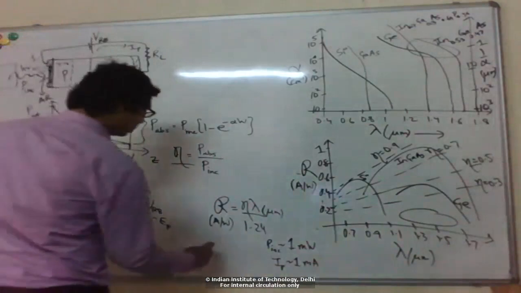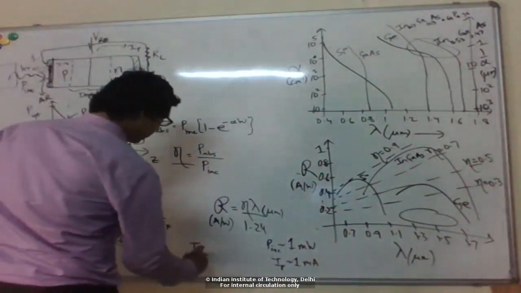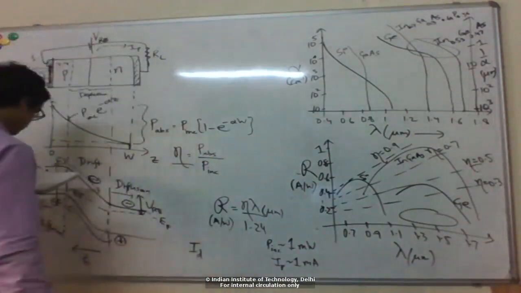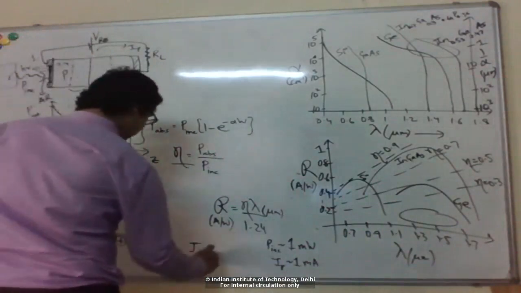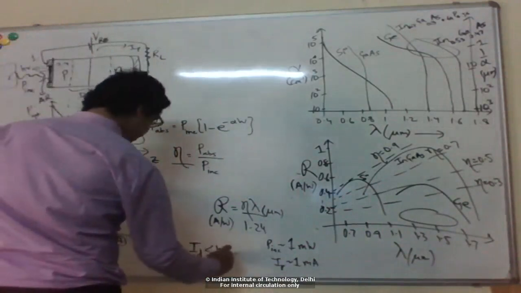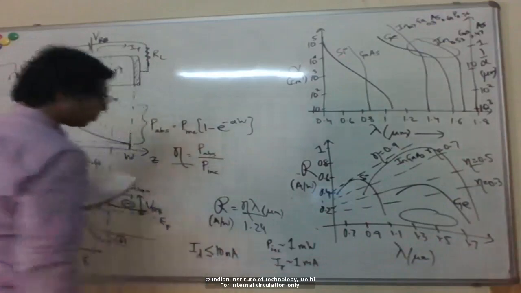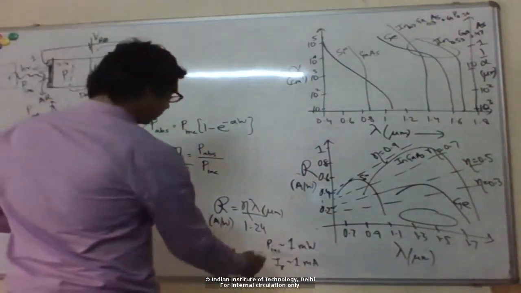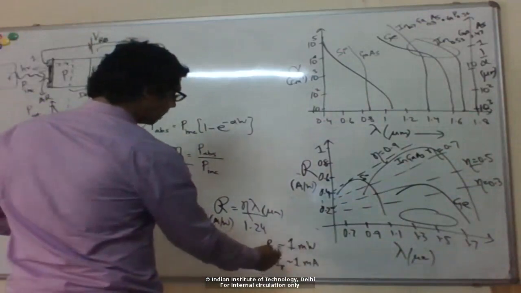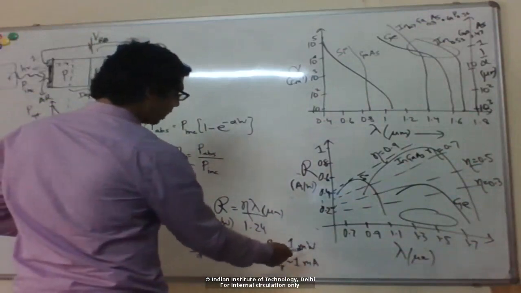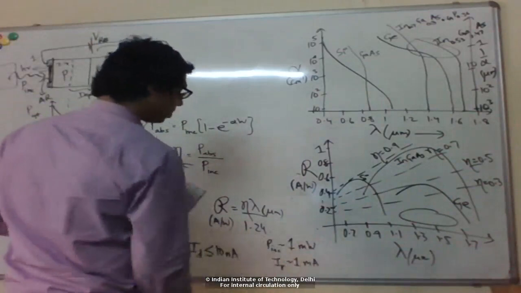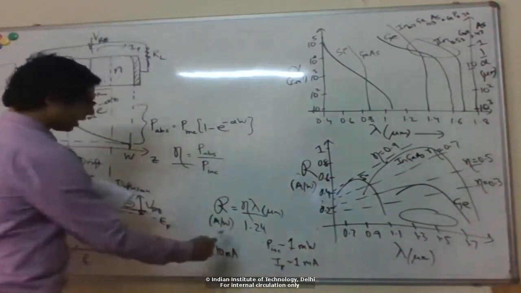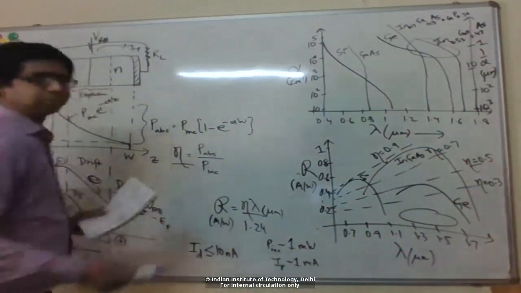So that dark current typically for good photodetectors is limited to 10 nanoamperes or below. So you can see, if our detected power is even in the microwatts, tens of microwatts or higher range, this dark current is negligible.